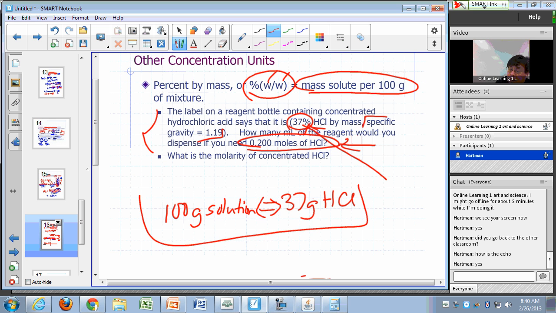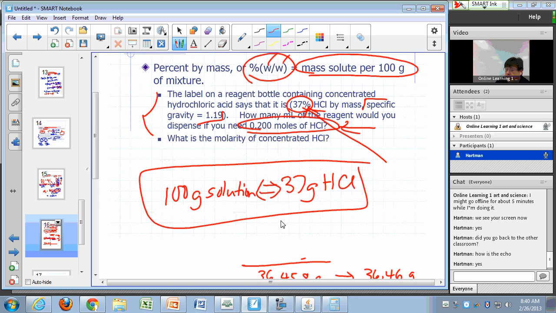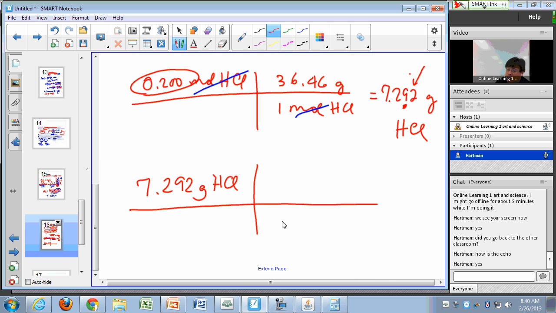So that's the equivalence. Okay? So if 100 grams gives me 37, I can just multiply this by 100 grams of solution over 37 grams of HCl. This will allow me to figure out how much solution I need to weigh.